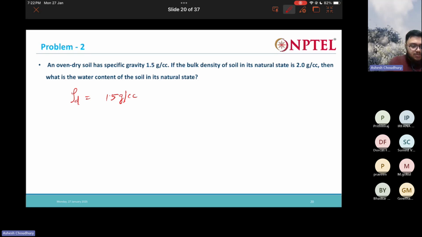How to do this? Try to think how can we solve this.